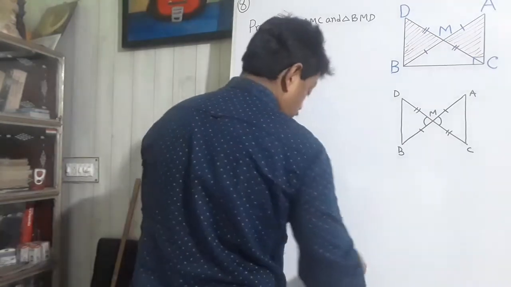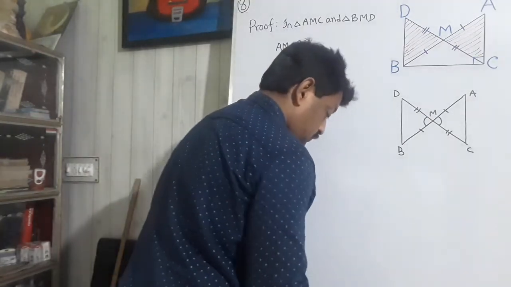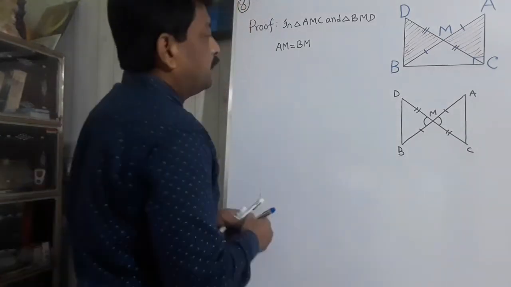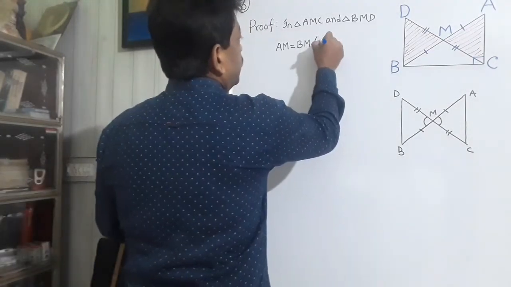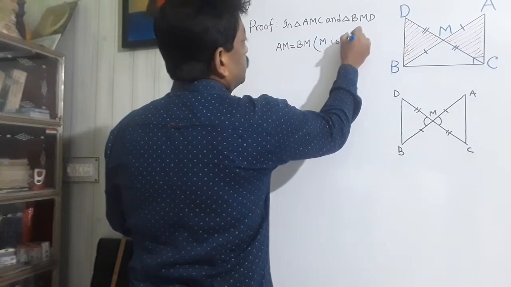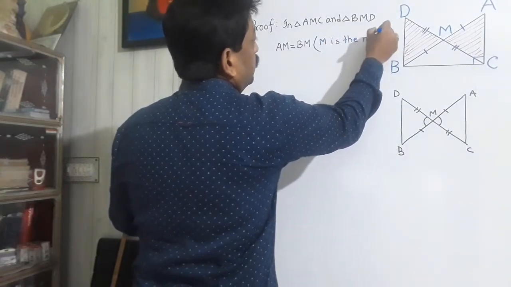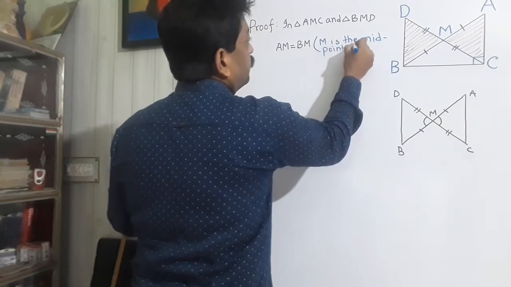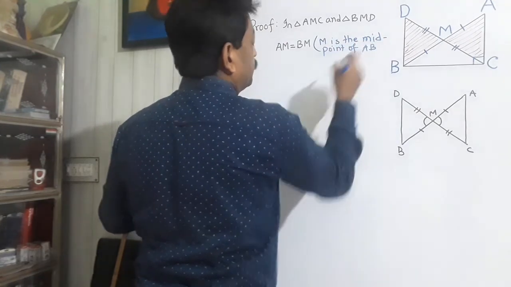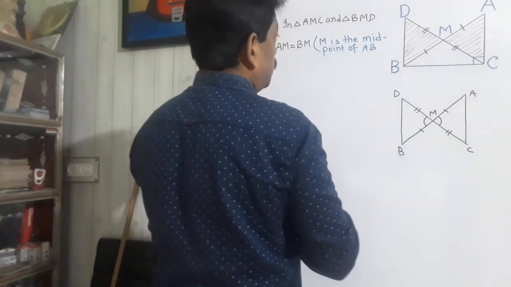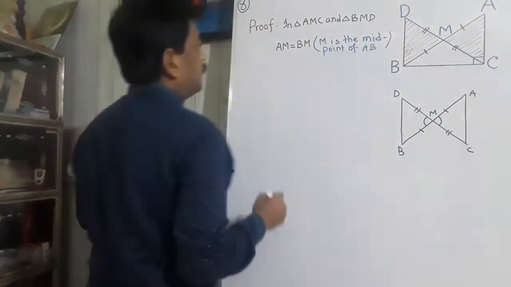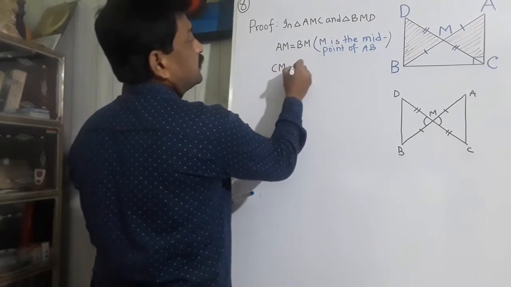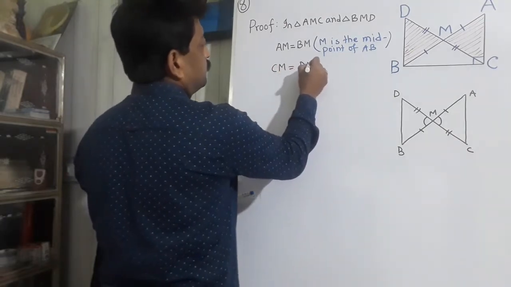The reason is AM is the midpoint of AB. The second point is CM equals DM.